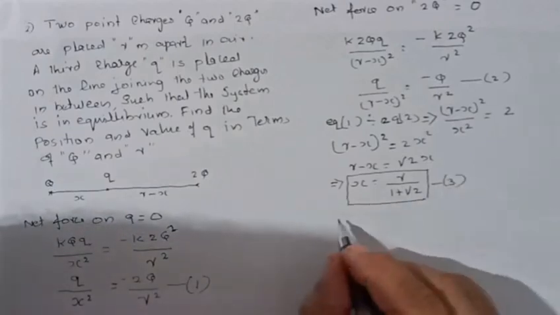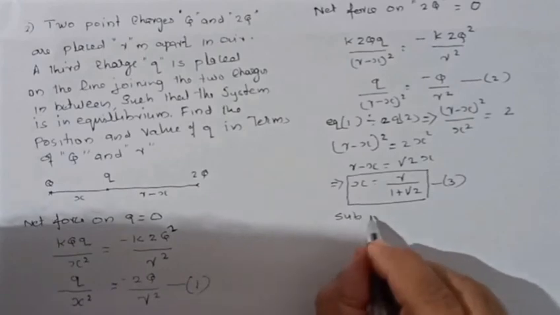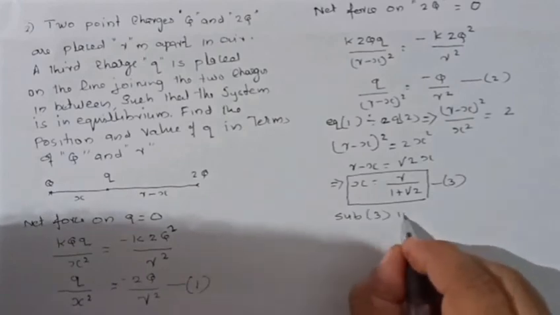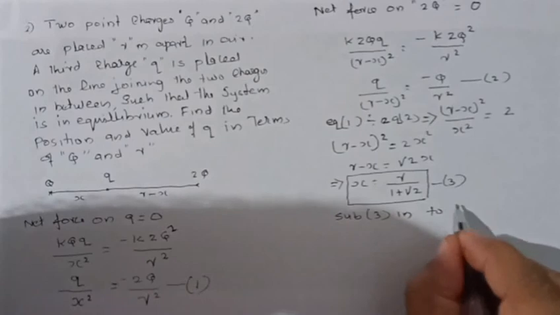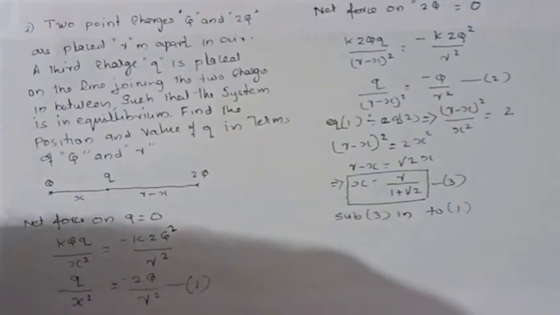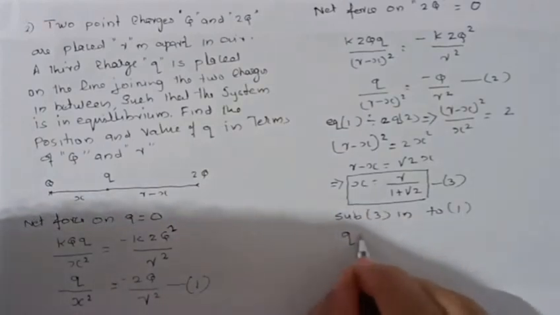Now substitute equation 3 into equation 1. So instead of x in equation 1, you can write r upon 1 plus root 2.